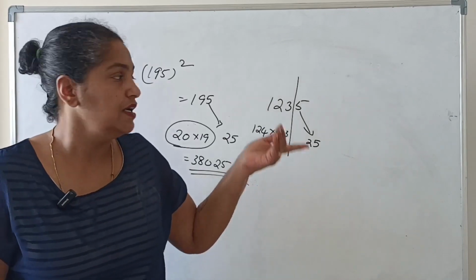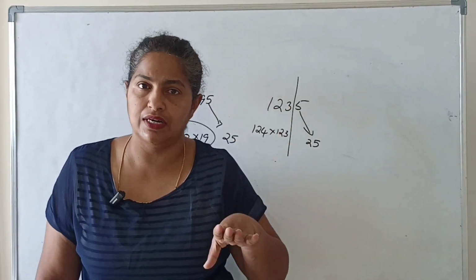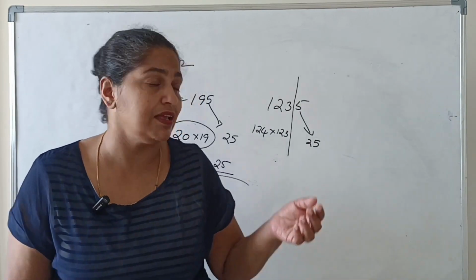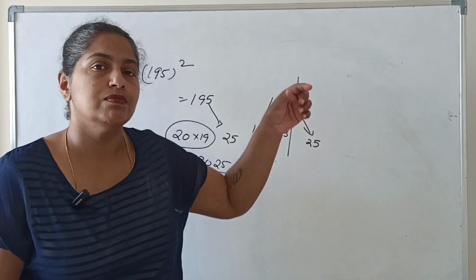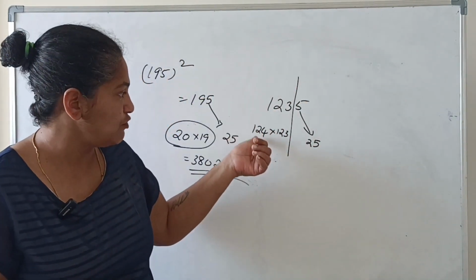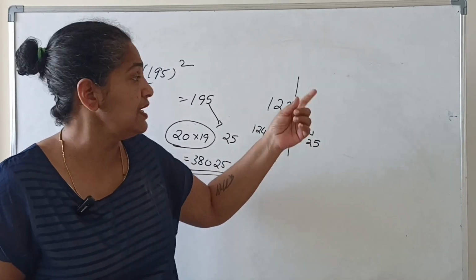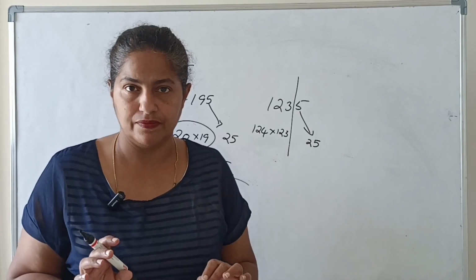But it is easier to multiply 123 into 124 than 1235 into 1235. So the time of multiplication will definitely reduce.